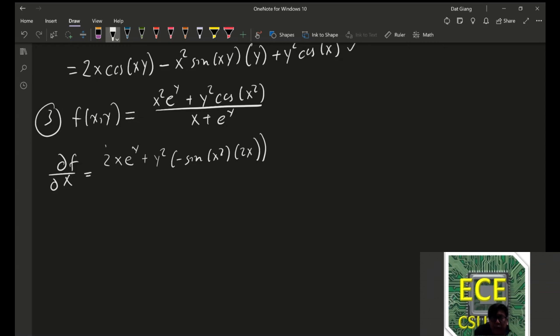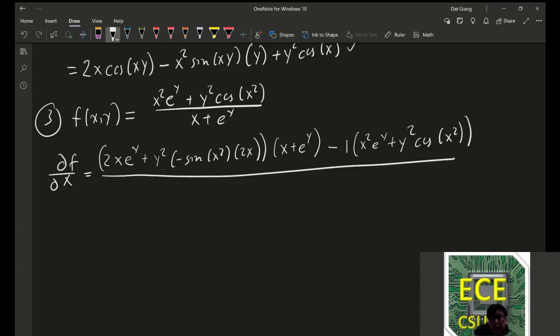And we have all this kept from x plus e to the y as the bottom, minus wherever there's a partial derivative, we have minus 1 times x squared e to the y plus y squared cosine of x squared. And we divide this all over x plus e to the y, quantity squared.